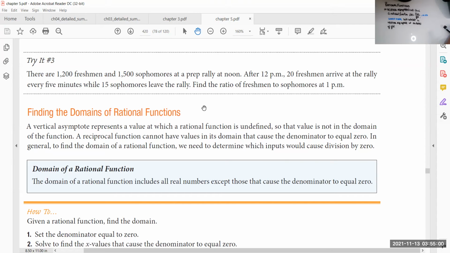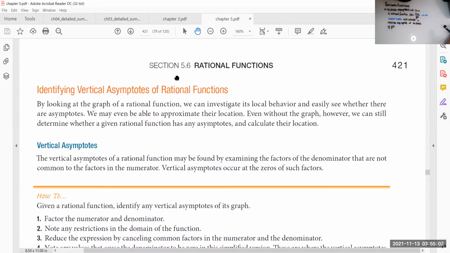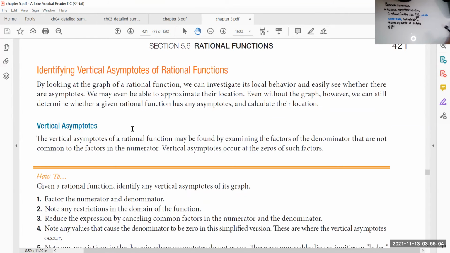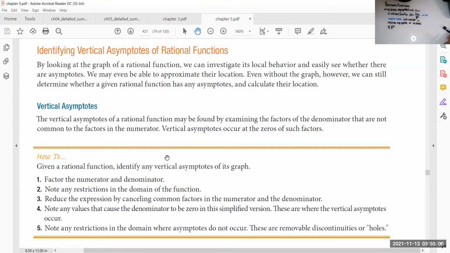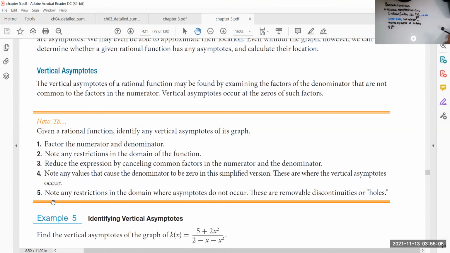And then how do I find vertical asymptotes? Here we say that the vertical asymptotes will be those numbers that cause the denominator to be 0 in its simplified version. Sometimes those restrictions, if they are not asymptotes, are called removable discontinuities or holes. We'll go over this in a moment.